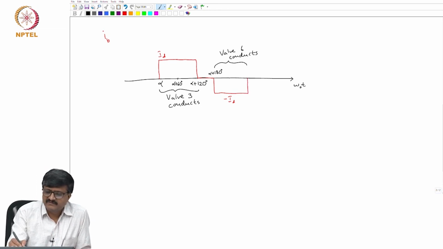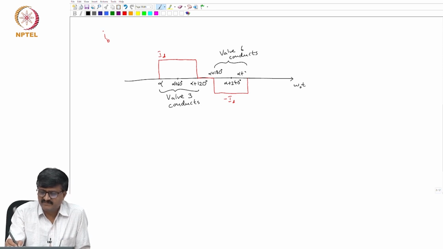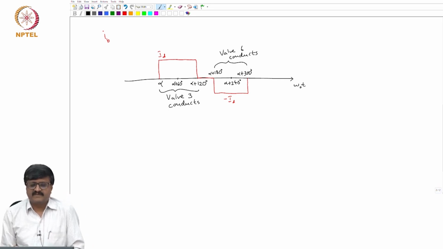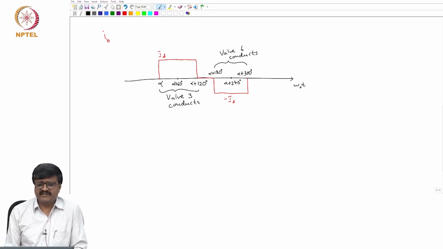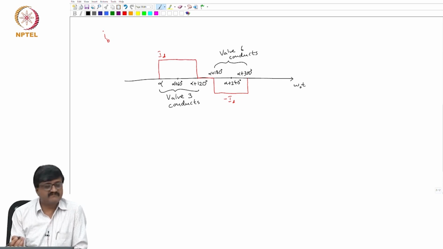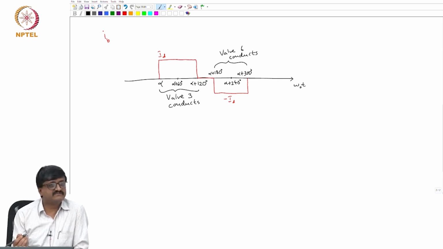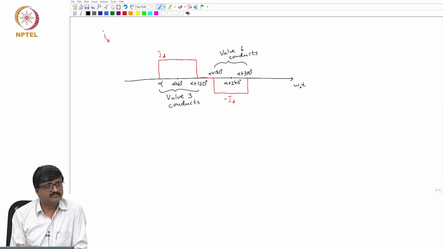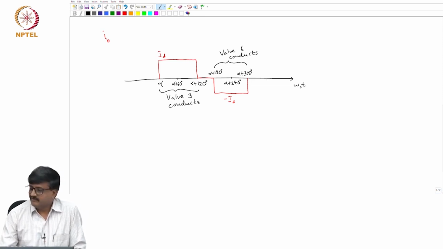This continues up to what instant? I can show one more instant here, alpha plus 240 degrees, alpha plus 300 degrees. At alpha plus 300 degrees, which thyristor valve is turned on? Sorry, 1 or 2? 2. So, when 2 is turned on, go back to the circuit.